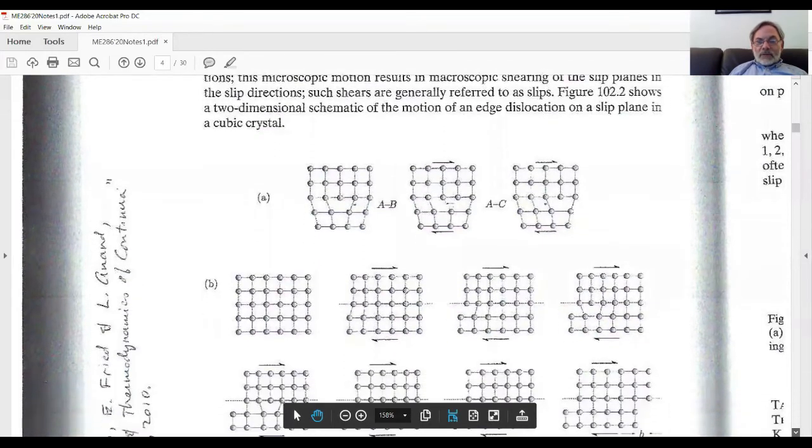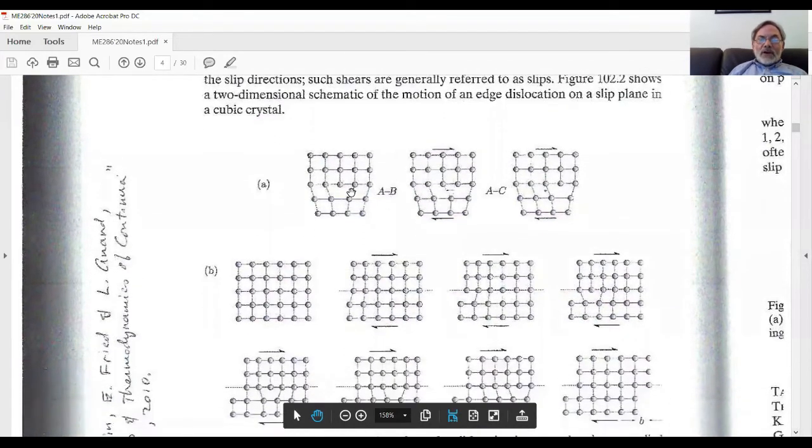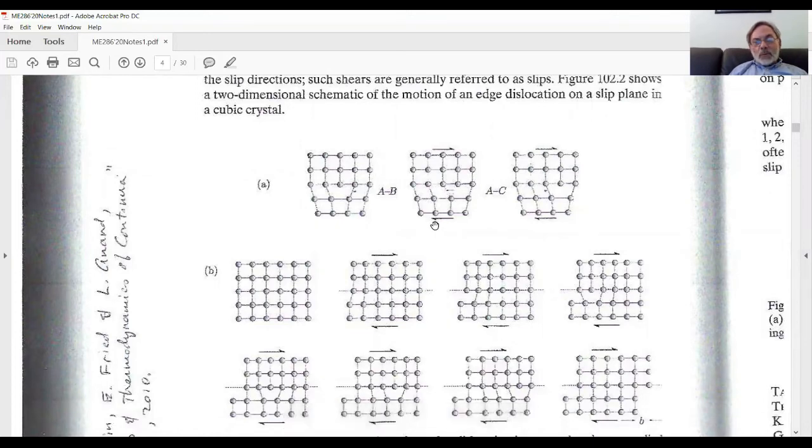So this bond breaking and reformation of a bond with a different atom is the basic mechanism by which a dislocation can move. Imagine again a perfect lattice here with no defects. We shear the lattice.